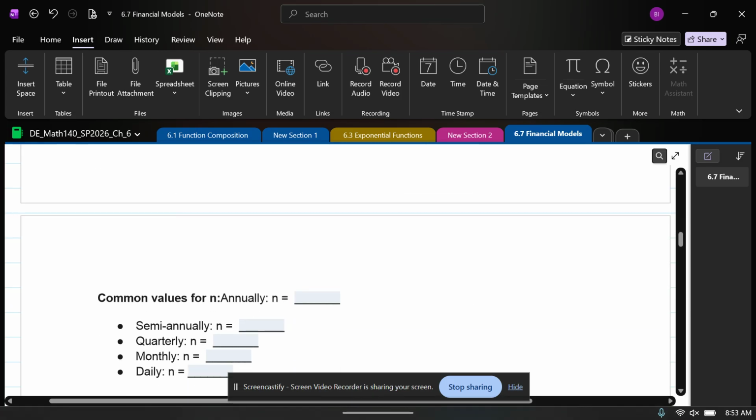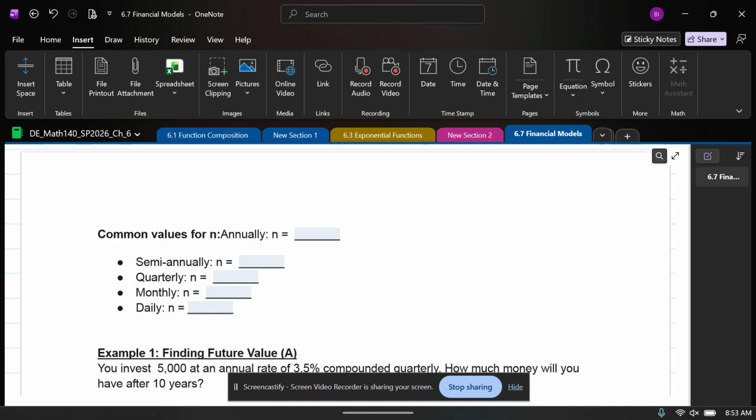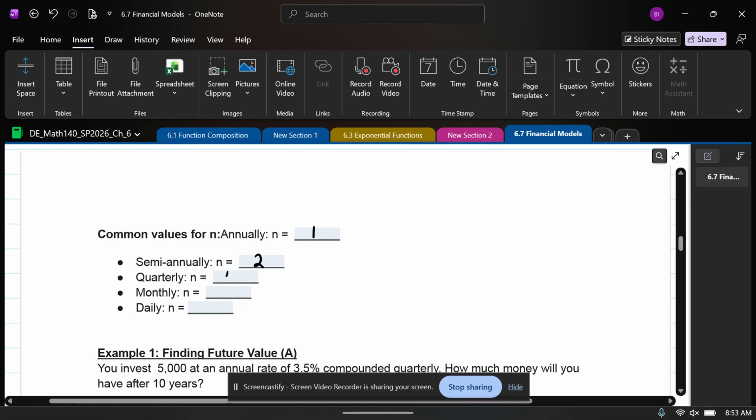Okay, so some common values for n are going to be like annually would be n equals 1. That's 1 time per year. Semi-annually would be 2 times a year. Quarterly would be 4 times a year.